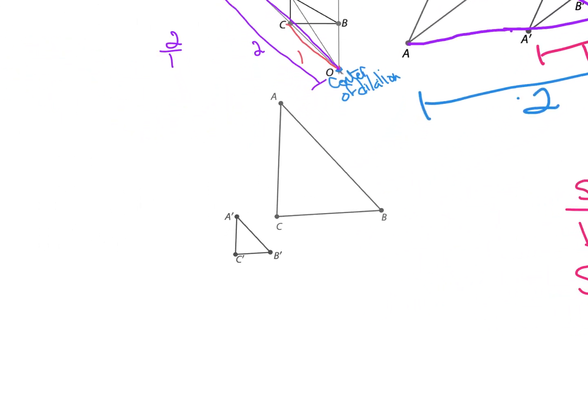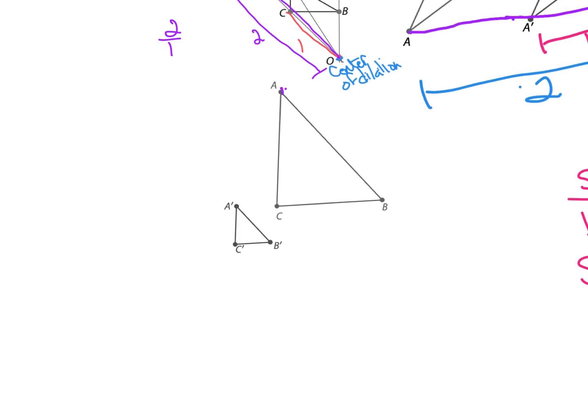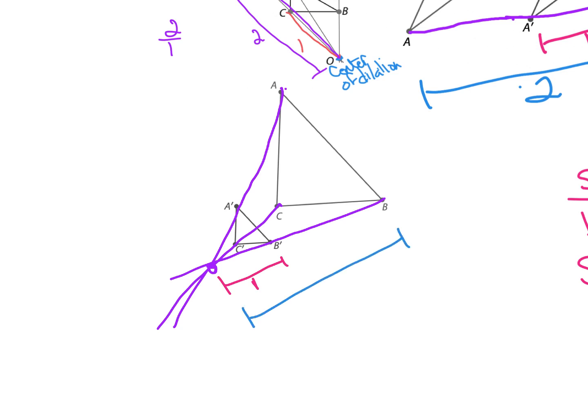So we look here. I'm going to draw the center of dilation. So I'm going to draw through A prime, C prime, and B prime. I would say I'm going to call this 1. This though I'm going to call 3.